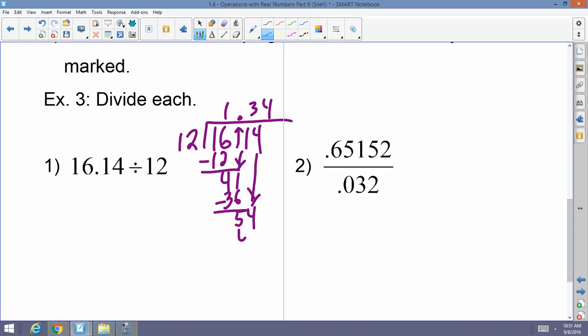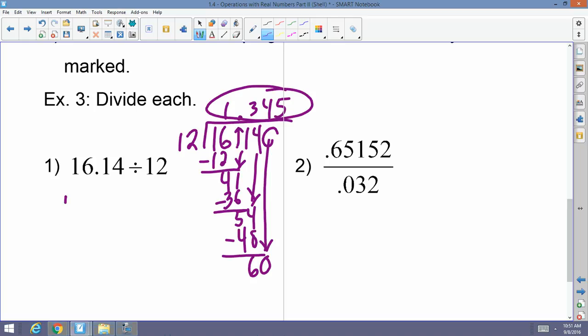So that's 48. Very good, gentlemen. And then I got a 6. Drop down a 0. And 12 goes into 64 5 times, and there it is. It is 1.345.